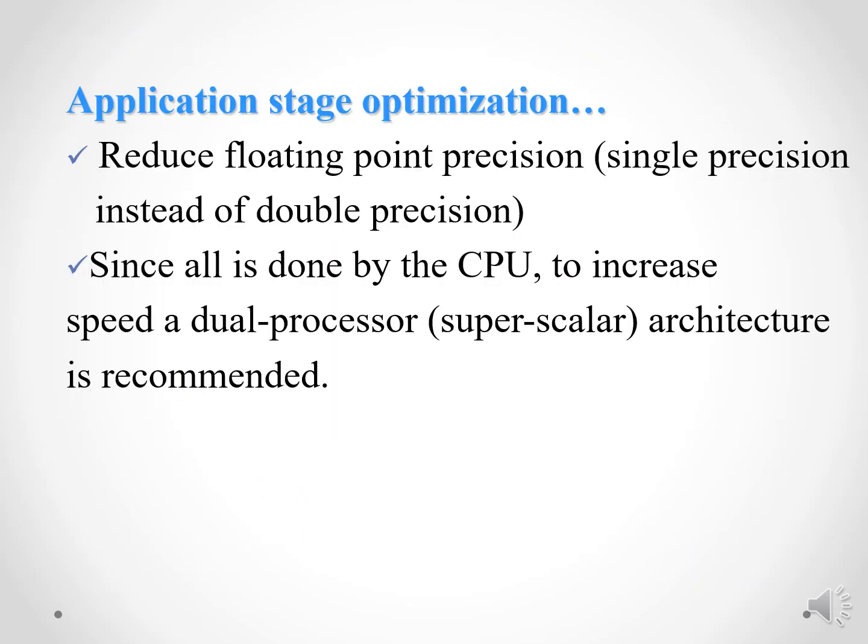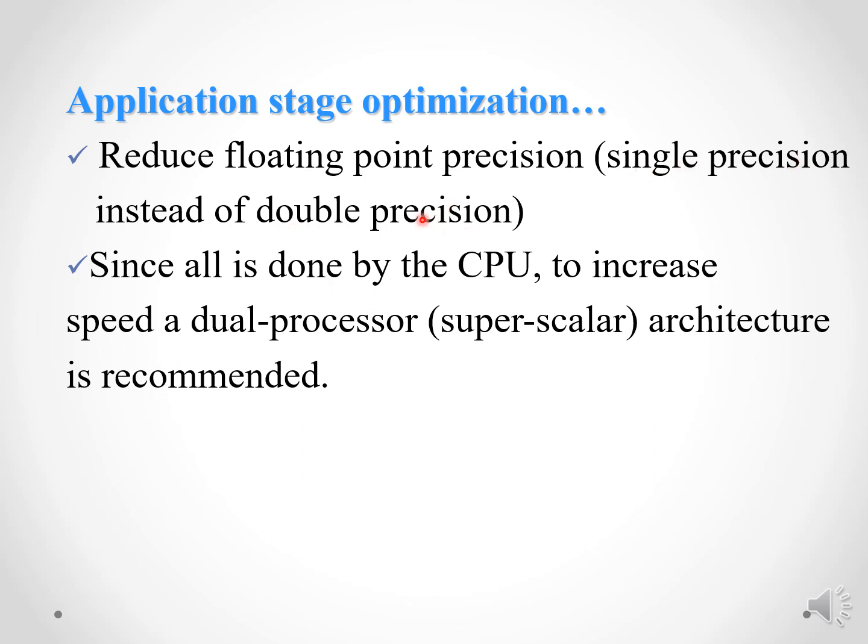Besides reducing the model complexity, what else can we do to help this application stage achieve its optimization? We can reduce the floating point precision, using single precision instead of double precision.